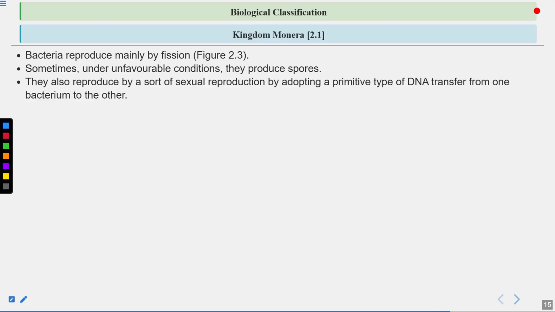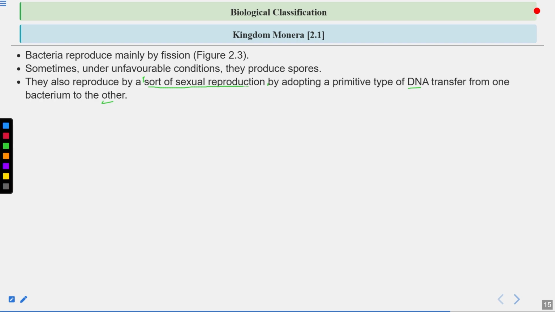Now they can also reproduce by a sort of sexual reproduction. Important here is to understand this, by adopting a primitive type of DNA transfer from one bacterium to another. This is not a true sexual reproduction. It is a sort of sexual reproduction where the bacterium can transfer its DNA to another bacterium.